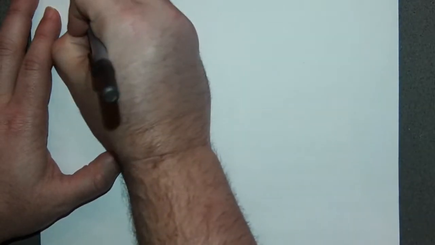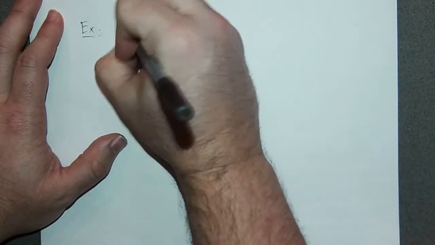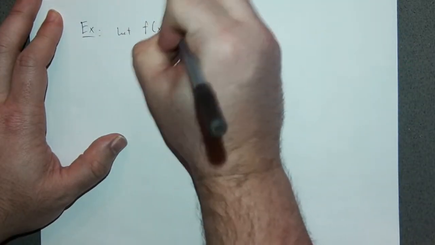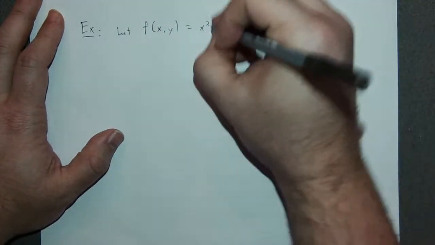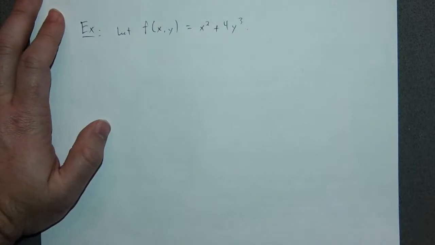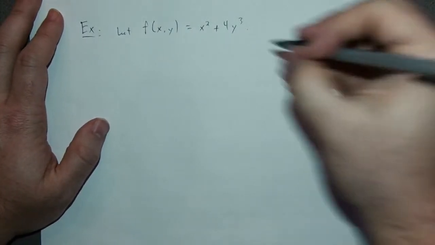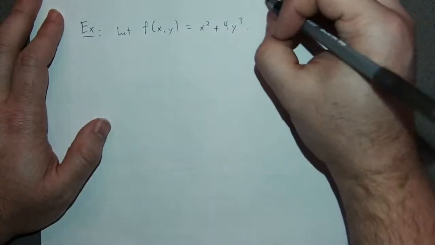Okay, here's my example. Let f of x, y be the function x squared plus 4y cubed. Find the extreme values of f on an ellipse. Let's just skip straight to it. Actually, no, I'm going to make this a little bit harder.